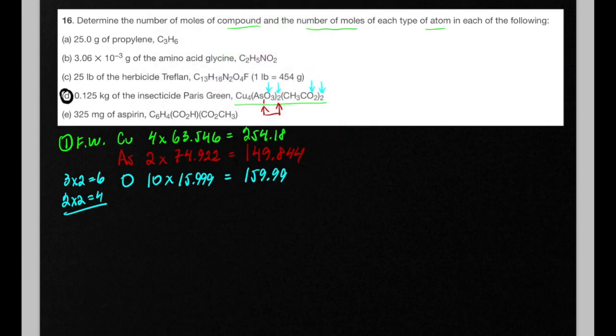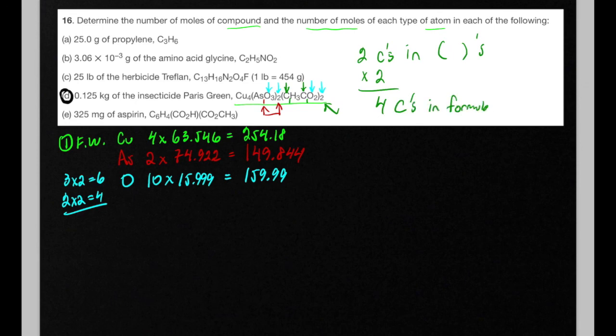Next, we want to compute the contribution for carbon. That's our next element up. There's a 1 here not shown as a subscript for the carbon. There's also a carbon here, with a 1 not shown. So there's 2 C's in the parenthesis, and there's a 2 outside the parenthesis, so we multiply that by 2 to give us 4 carbons in the formula.